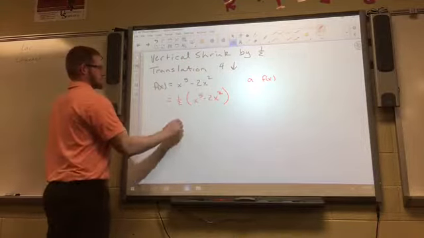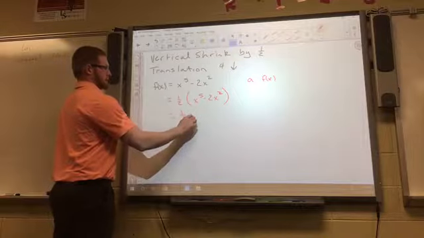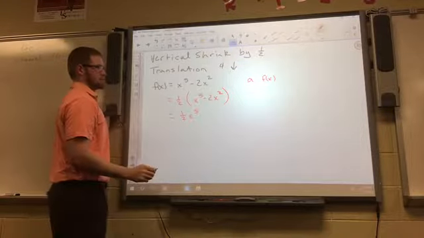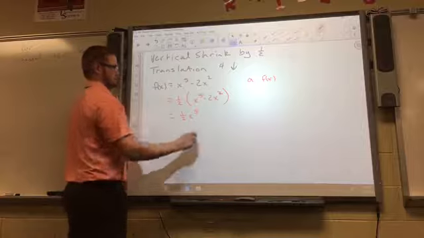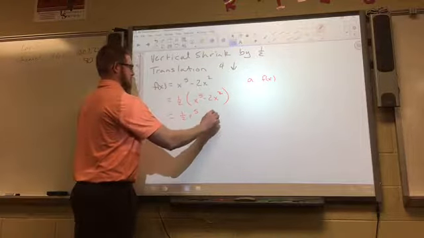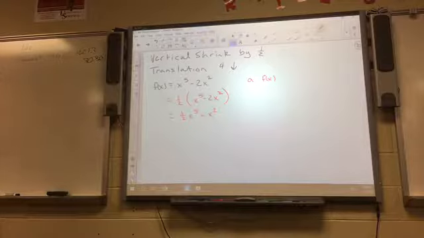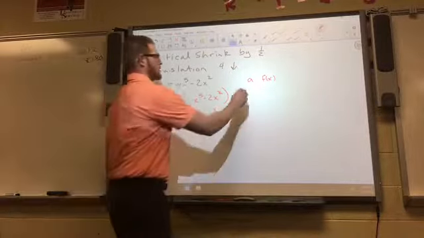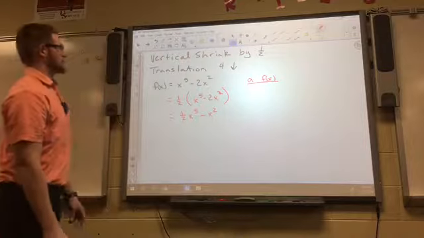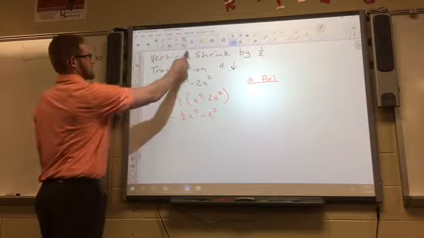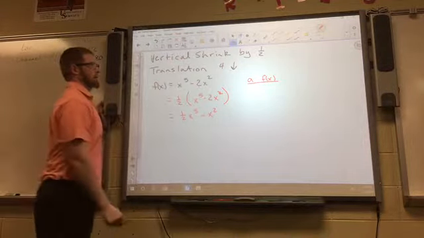Which gives me 1/2 x to the 5th minus 1x squared. Just distribute that half. Again, we found this rule on our sheet. So now I've taken care of the top part. I did a vertical shrink by a factor of 1/2.